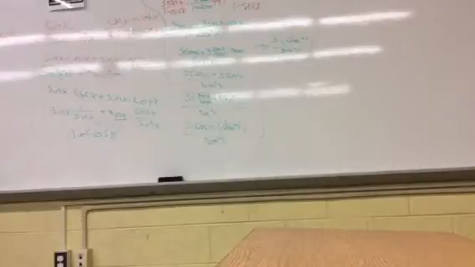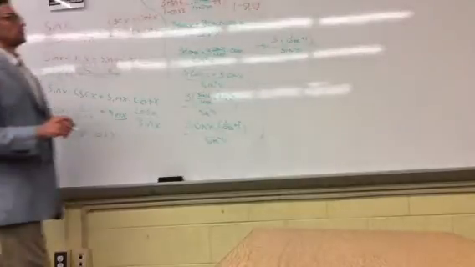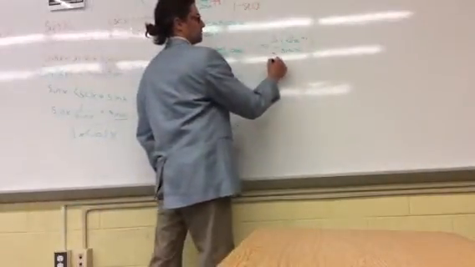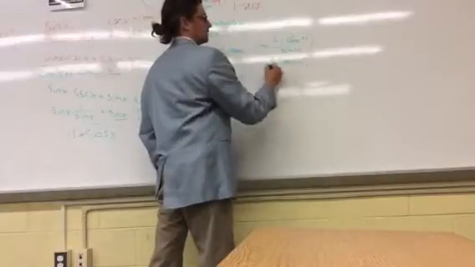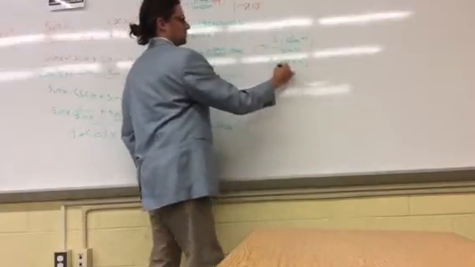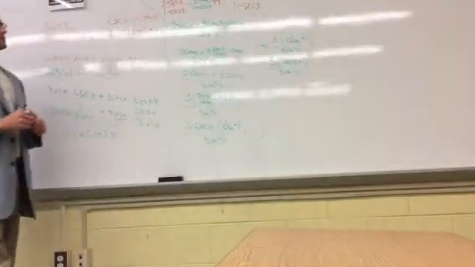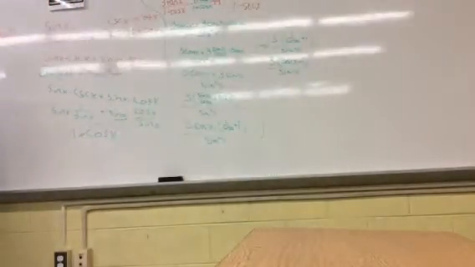Multiply by 1 over sine of x. Does 1 over cosine have another identity? Secant. So we could change 1 over cosine x to secant x, just so we don't have a fraction in a fraction.